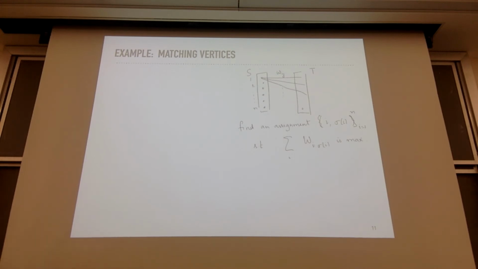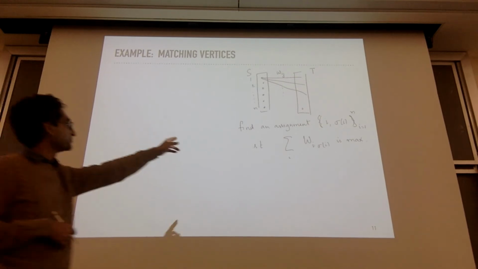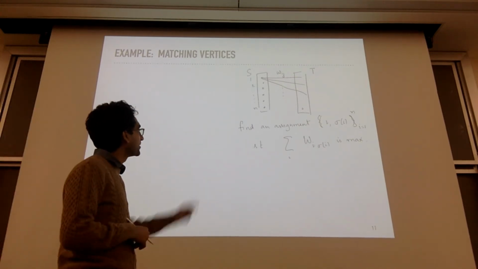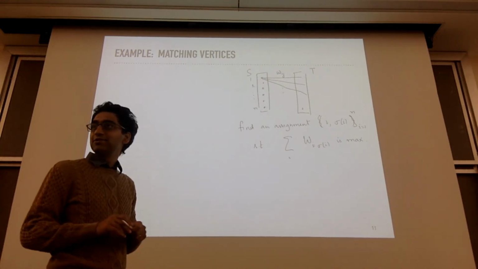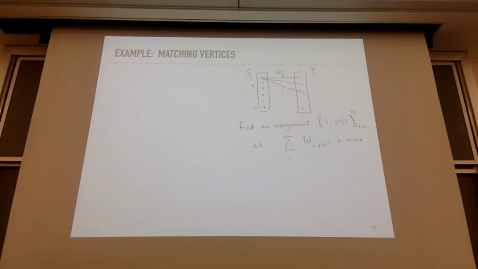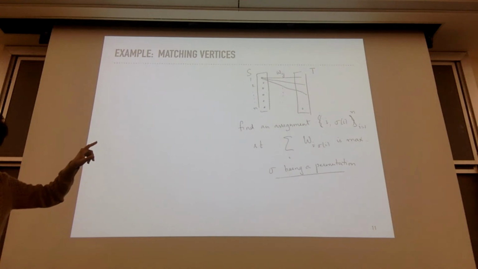This almost looks like an optimization problem already, because I have some objective function. But of course, the sigma i's are strange variables, right? So, in some sense, if you could optimize over all permutations sigma of this thing, then this would exactly capture the problem.